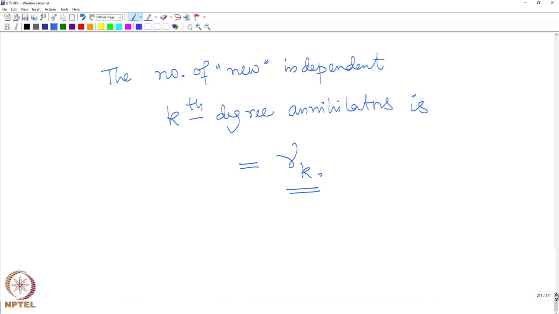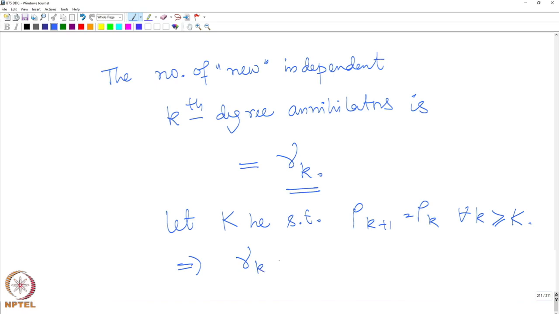Now, when we saturate, rho k becomes rho k plus 1. So, that means let K be such that rho k plus 1 is equal to rho k for all k bigger than or equal to capital K. This would imply gamma k will be equal to 0 for all k bigger than or equal to capital K.